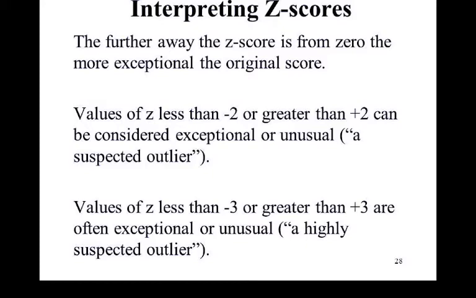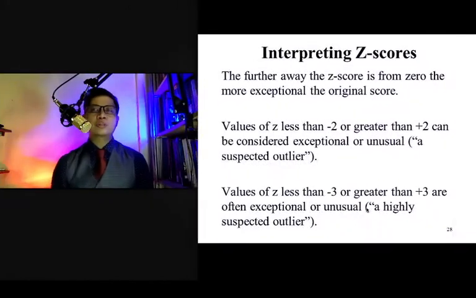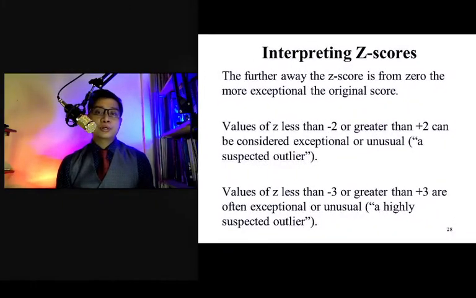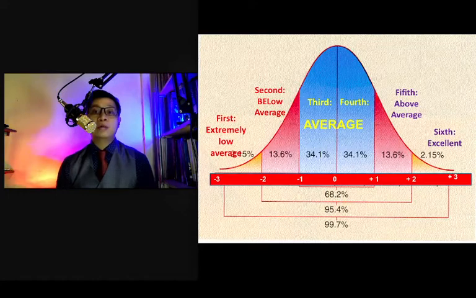Actually, pareho lang ng point ito, no? Negative 2 or positive 2, negative 3 or positive 3, ang tawag dyan sa mga scores na yan, mga outliers. So kapag yung z-score mo makikita sa extreme right, sobrang galing ng score na yon. Kapag yung score naman ay nasa extreme left, sobrang baba naman ng score na yon. These are the outliers. Okay?